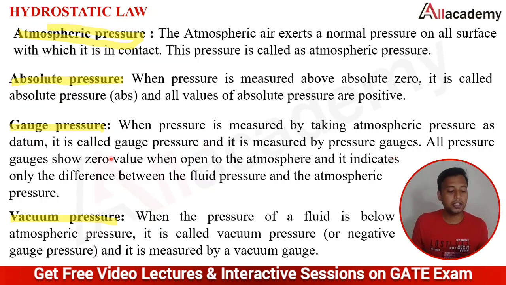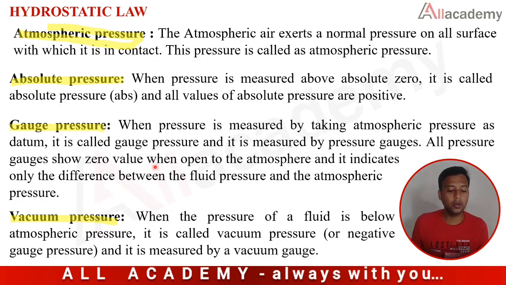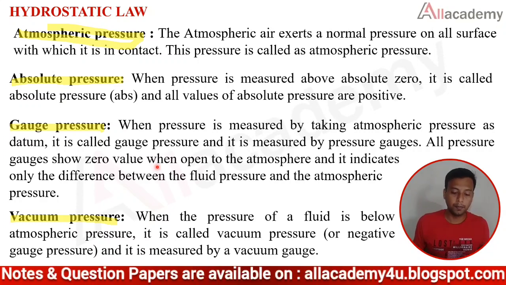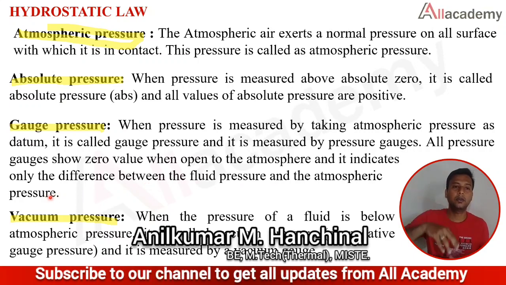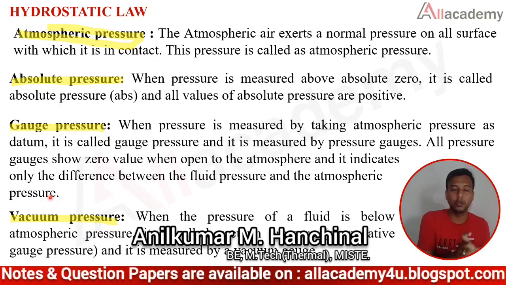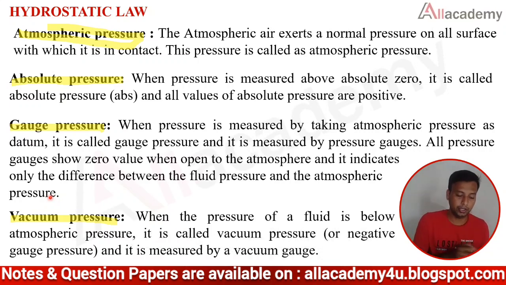All pressure gauges show zero value when open to the atmosphere. It indicates only the difference between the fluid pressure and the atmospheric pressure. So that is called gauge pressure.